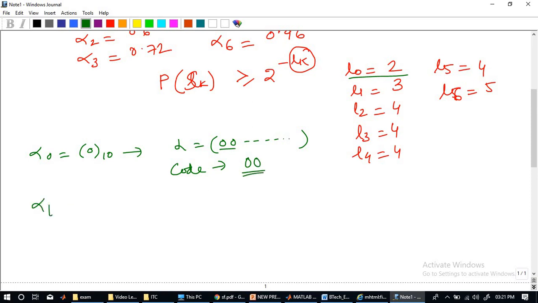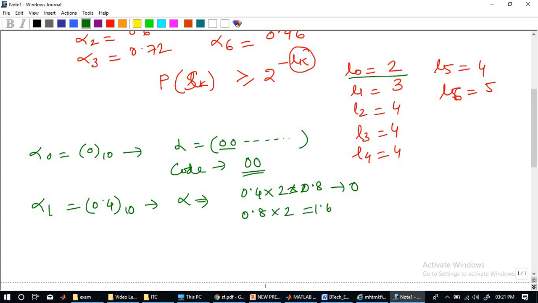So your alpha 1, which we had as 0.4 in decimal figures, how do you convert that to binary? We also did that: 0.4 multiplied by 2 is 0.8. We take the 0 out. Again 0.8 multiplied by 2 is 1.6. We take the 1 out. Then 0.6 into 2 is 1.2. We take 1 out. Then 0.2 multiplied by 2 is 0.4. We take 0 out.